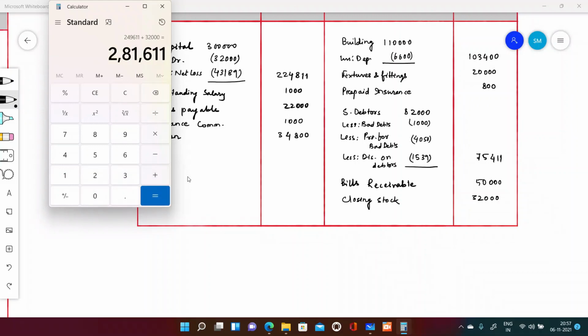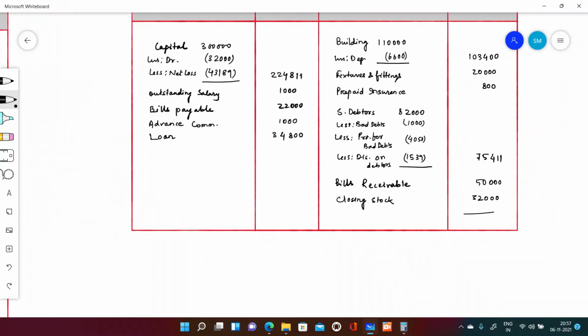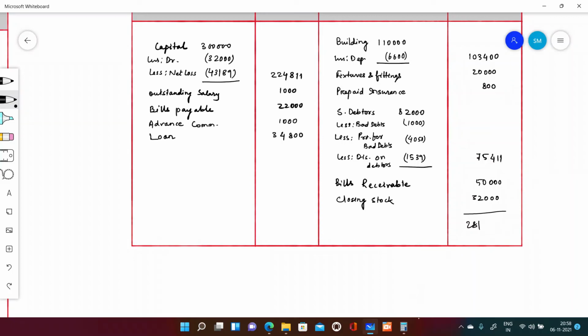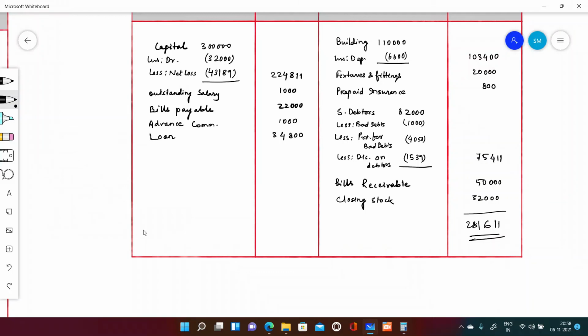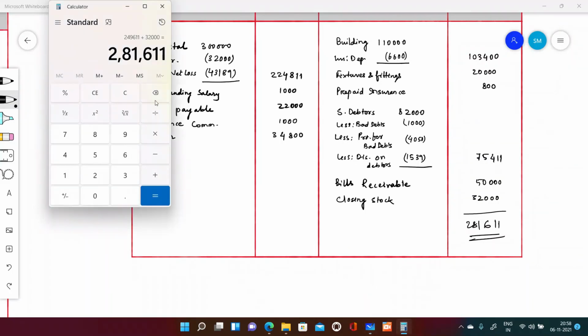So I am getting asset side 281,611. This side, let me check how much I am getting. That is your 224811 plus 1000 plus 22,000 plus 1000 again plus 34800.